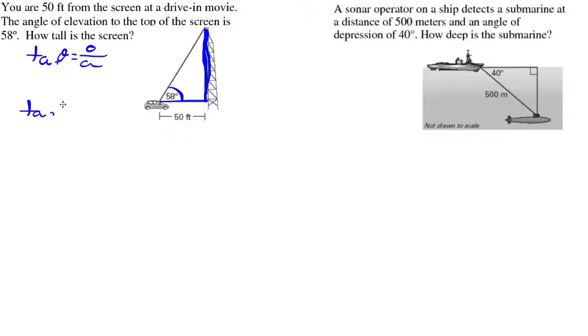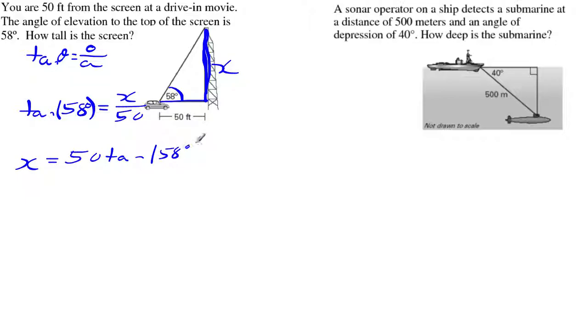So the tangent of this 58-degree angle is equal to the opposite side over 50. So that means that opposite side, which we'll call x, is equal to 50 times the tangent of 58 degrees.